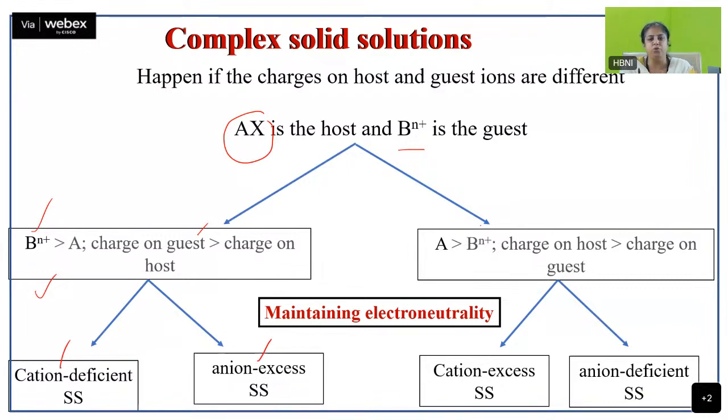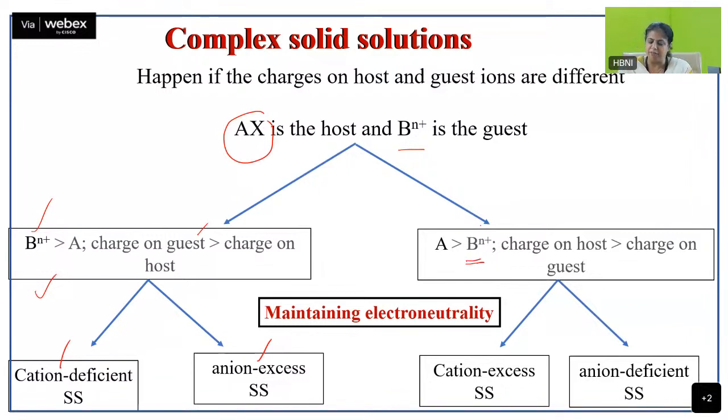Coming to scenario 2, where your guest ion has lower charge than your host ion. In that case, the positive charge has decreased. Okay. Now your guest ion, the charge is lesser, positive charge has decreased.